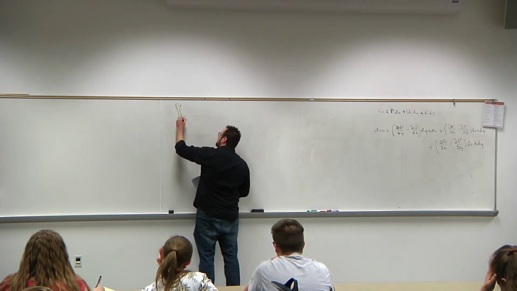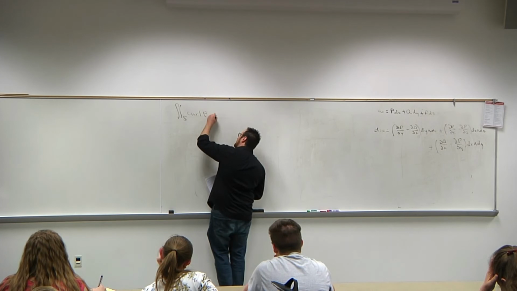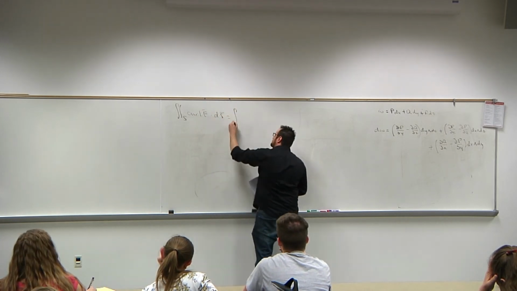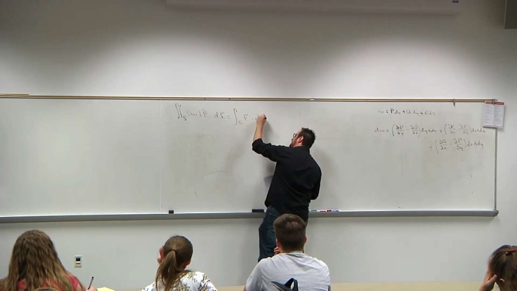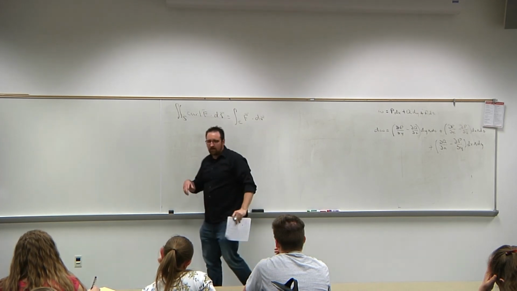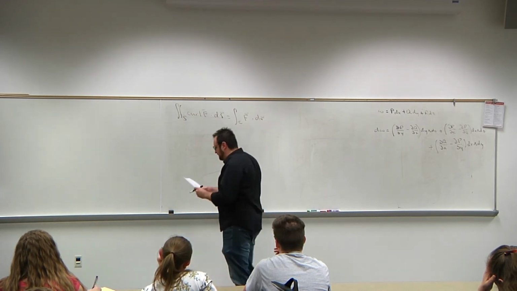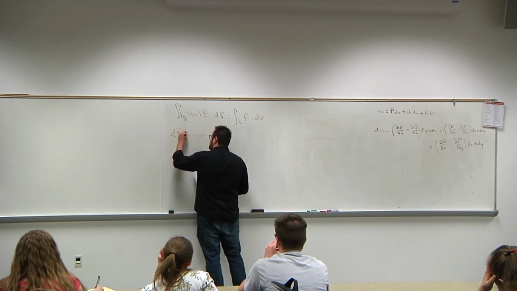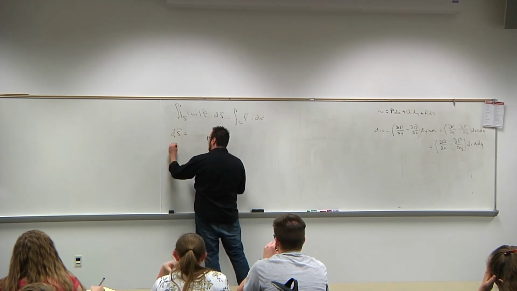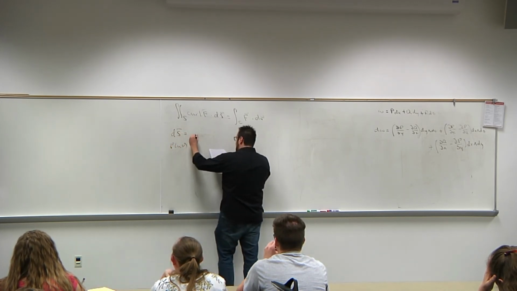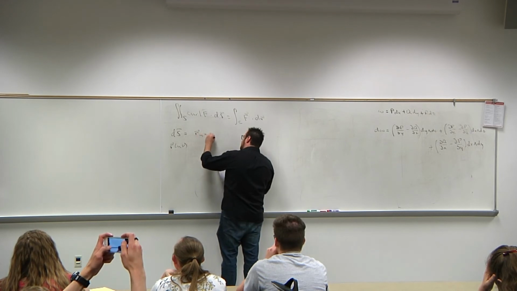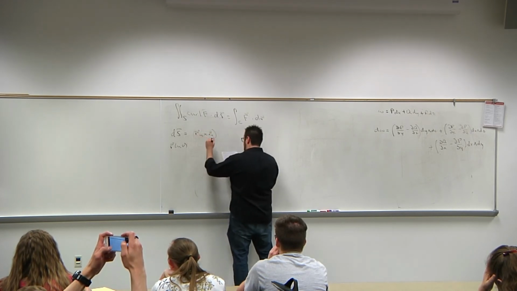Stokes' theorem is the surface integral of the curl of F dot dS equals the line integral of F dot dr. Okay, I already know F dot dr kind of works out nice, but let's take a look at what dS would be. Now dS, if I have a parameterization r of u,v, dS is r_u cross r_v dA.